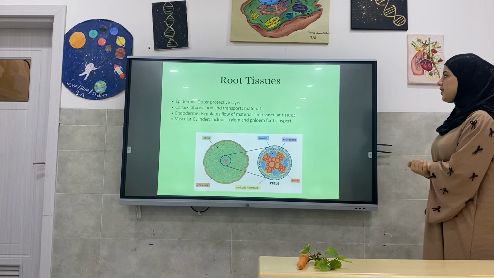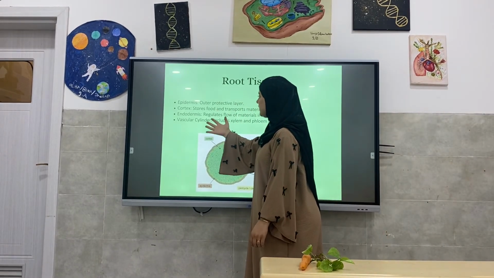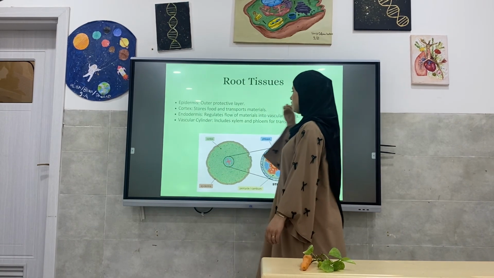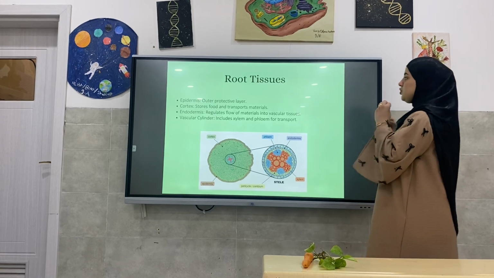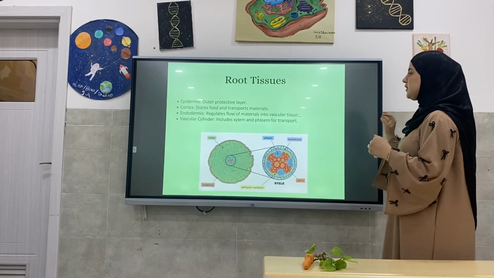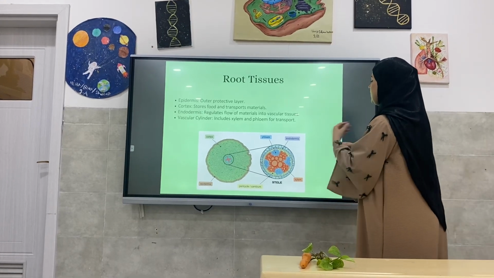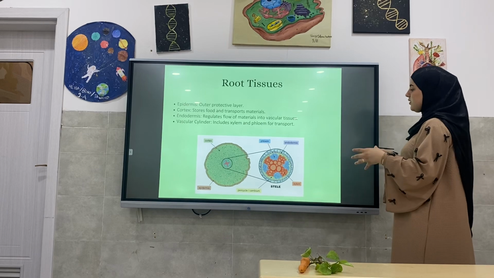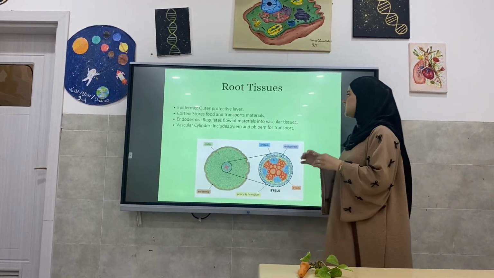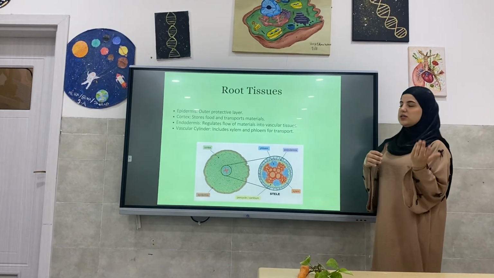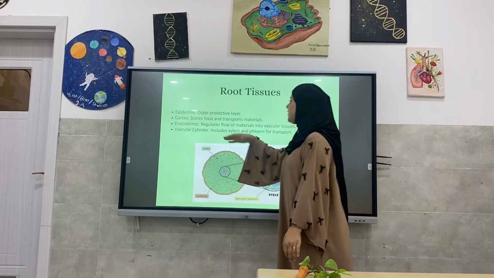Okay. About the root tissue, in the root tissue we have epidermis, cortex, endodermis, and vascular cylinder. In epidermis, what do you mean by epidermis? The outer protective layer, which is covering the root inside the root for protection, and protects, stores food and transports minerals, and sometimes transports the water and minerals for all the parts of the plant.